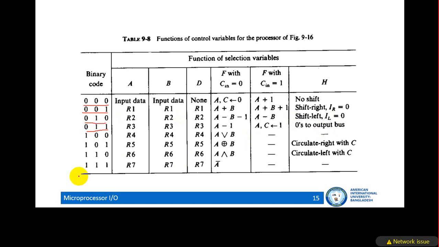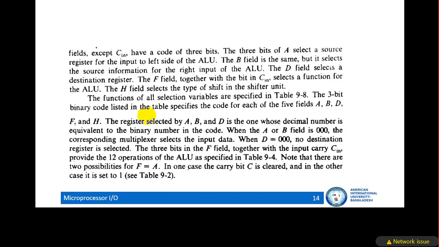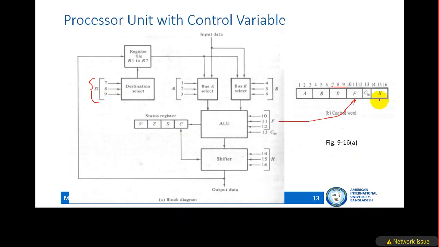When they are 1, 0, 1, circulate right with carry. When they are 1, 1, 0, circulate left with carry. So this is the use of the shifter. By using these 3 bits, 14, 15, and 16, you specify how to shift the result to the output bus.